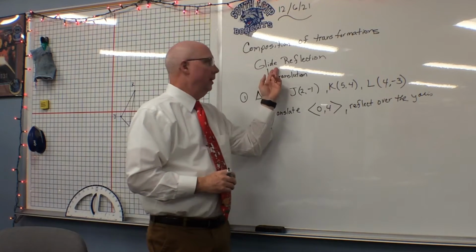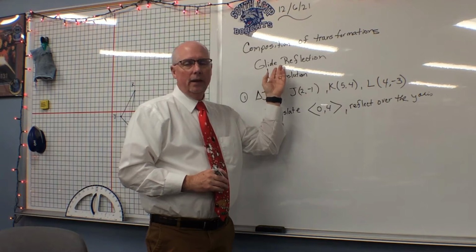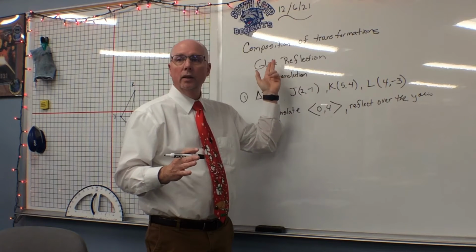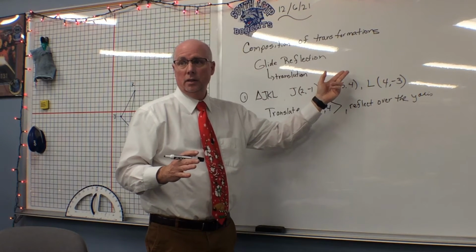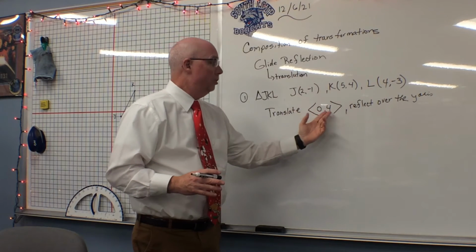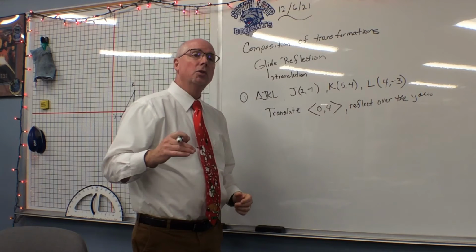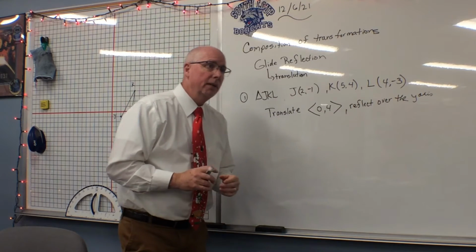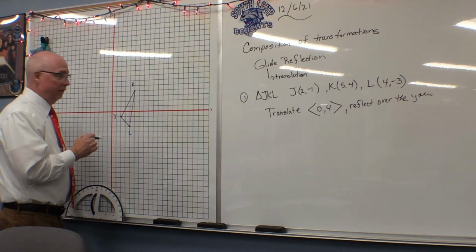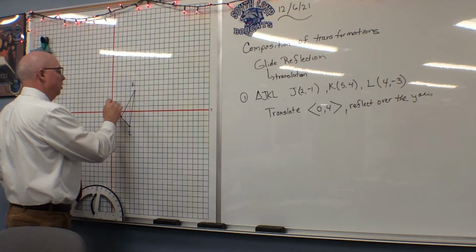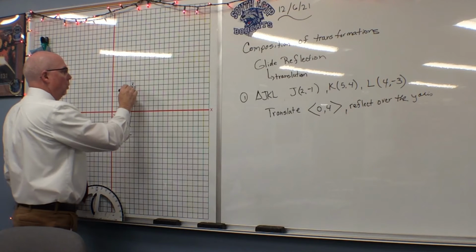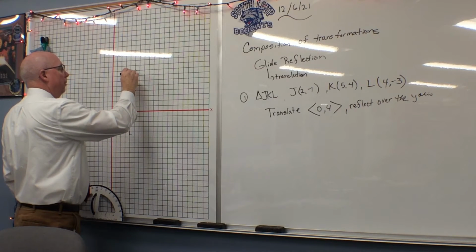All right. So now if we translate, it's called a glide reflection. So unless it specifically tells you, we slide it first. Okay, and we can slide it up, down. I mean, this could be 2, 4. So we could go over 2 up 4. You know what I'm saying? But each one of these points then goes up 4, straight up. So this is 1, 2, 3, 4. Okay? This is 1, 2, 3, 4.